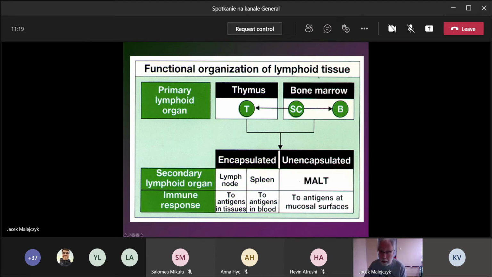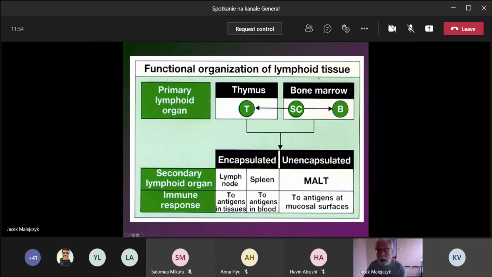Therefore, they need some training, especially the cells of the adaptive immune system. Therefore, after leaving the bone marrow, the precursors of T cells via circulation reach the thymus. And the thymus is such a school for the T cells. B cells, there is no necessity for them to leave the bone marrow, because the bone marrow also plays a role of the military school for B cells.